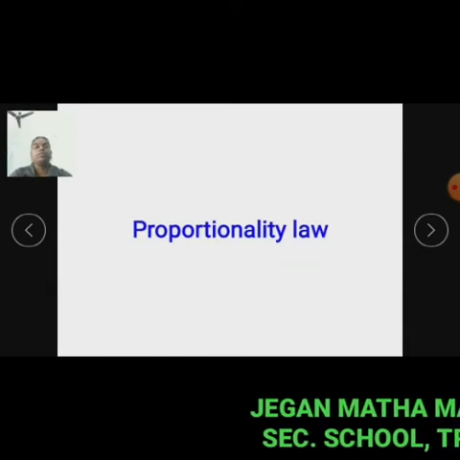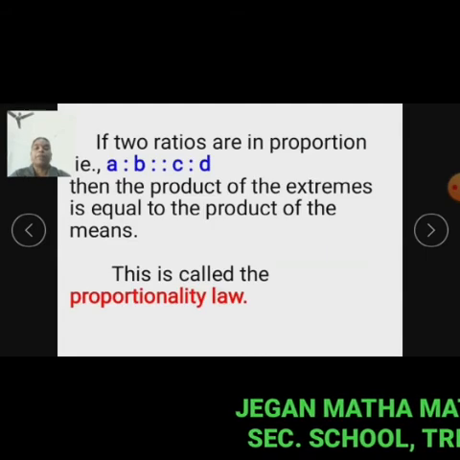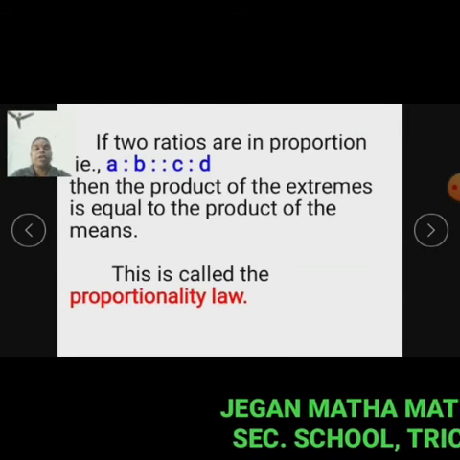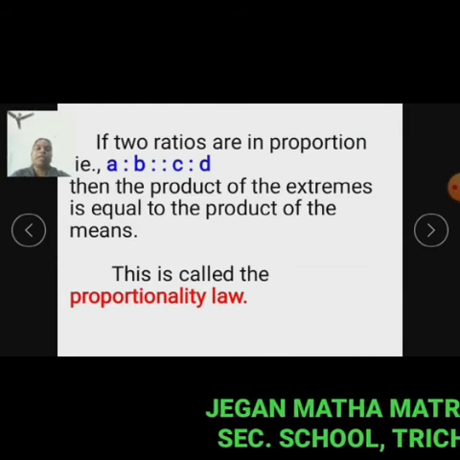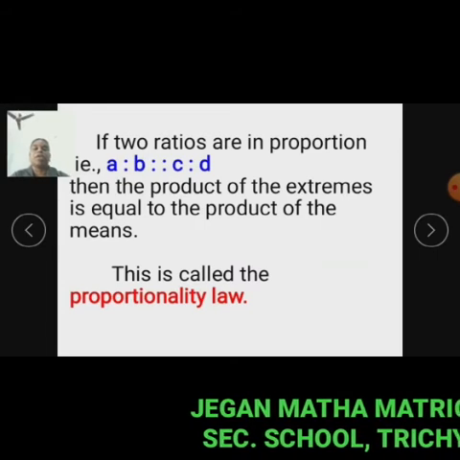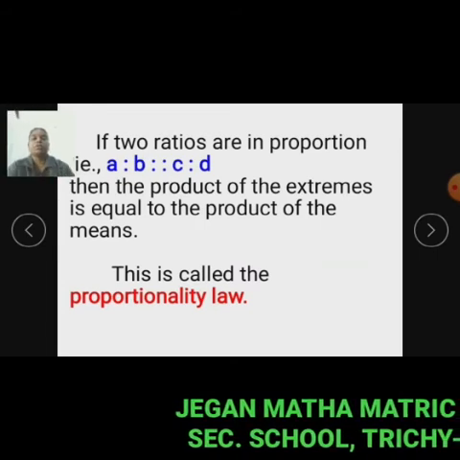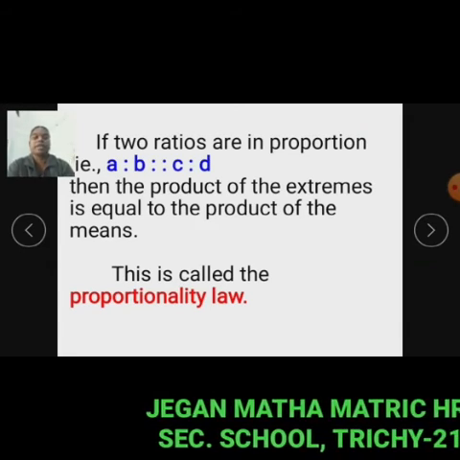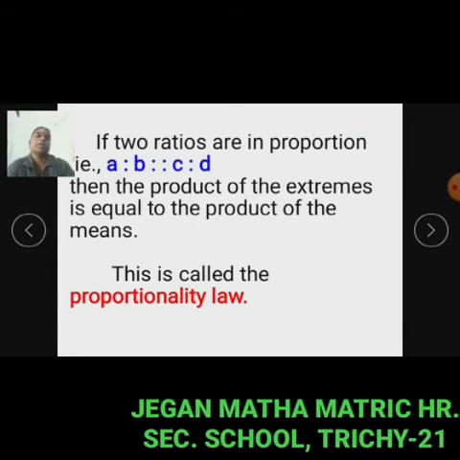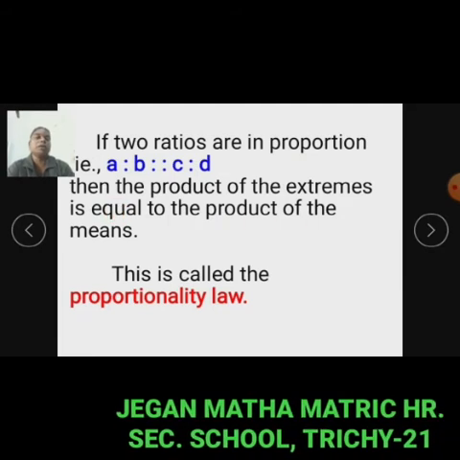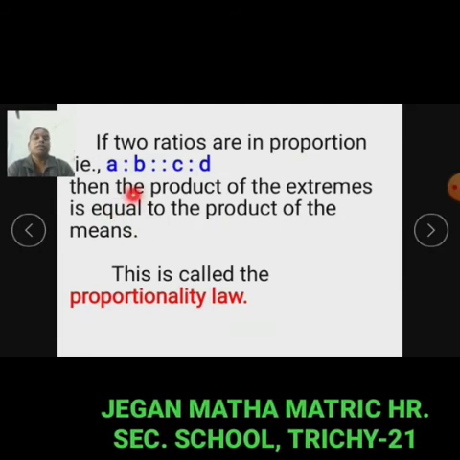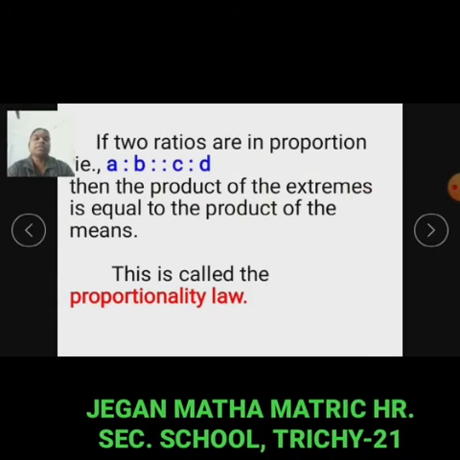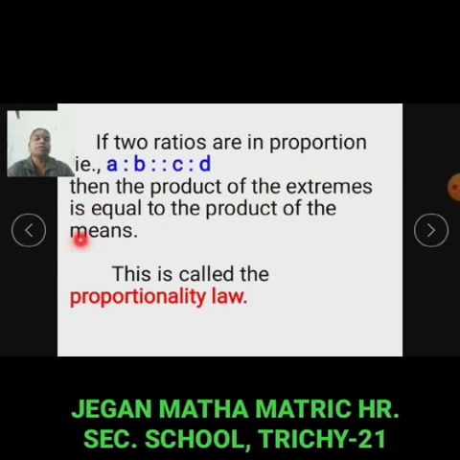Now we learn proportionality law. If two ratios are in proportion, that is A is to B is proportion to C is to D, then the product of the extremes is equal to the product of the means.